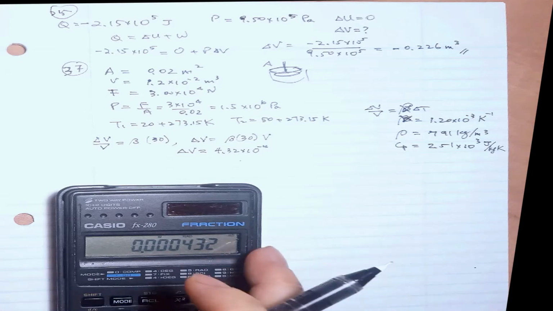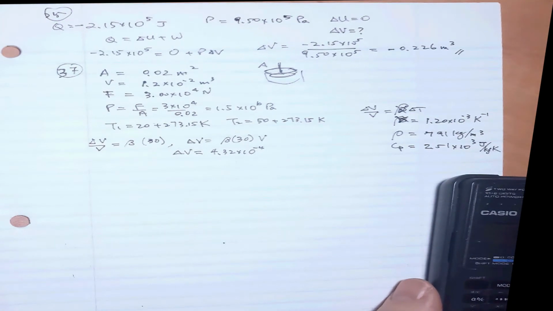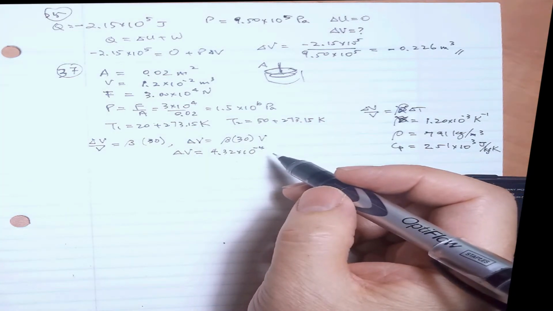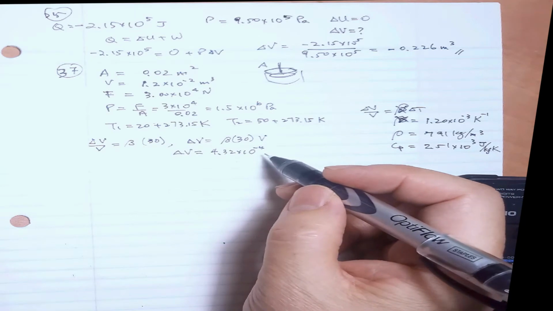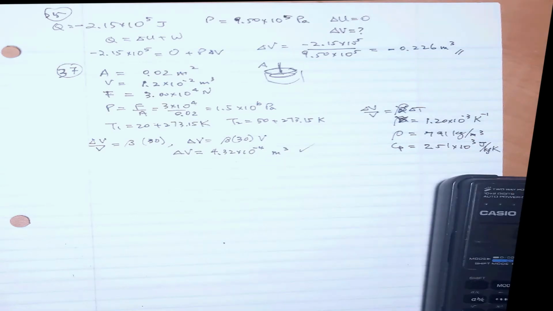Okay, so that is the change in volume. So the first question is, find the increase in volume of the methanol. So this is the increase in volume of methanol: 4.32 times 10 to the negative 4 cubic meter, and that's correct.